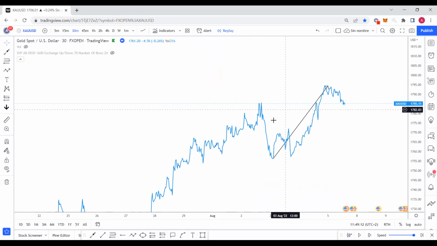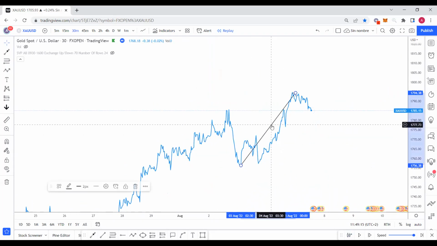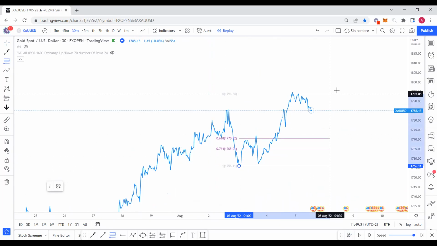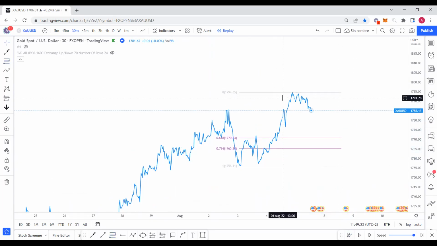We are in a bullish trend. This is 100% of the impulse, so we trace our Fibonacci from the bottom to the top. And we know from this level downwards, if price comes to this level, it has mitigated 60% of the impulse.